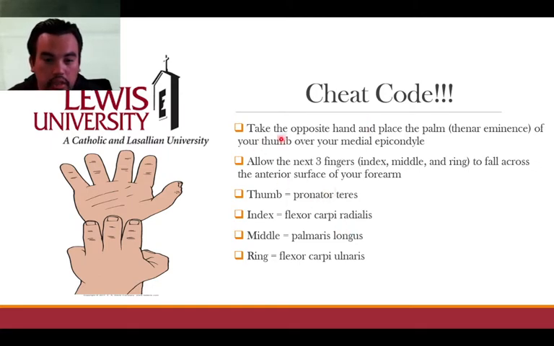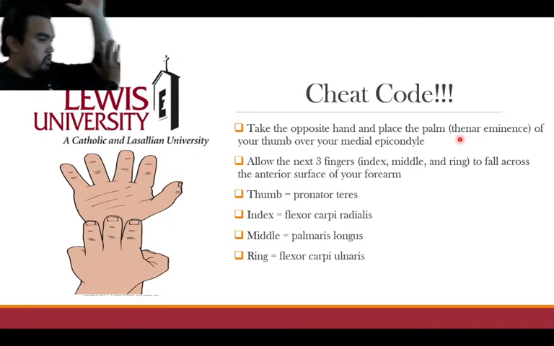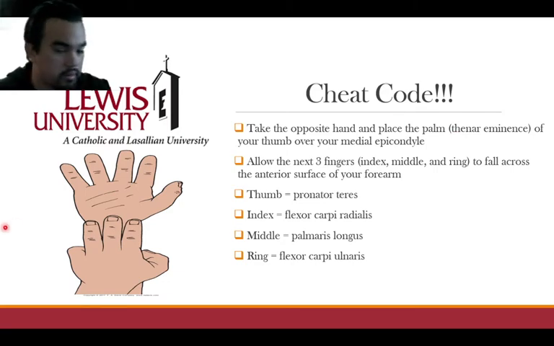Here's a little cheat code for you. You take the opposite hand of your palm, take the thenar eminence, so this fatty piece here, and you're going to go over your medial epicondyle. So like, yay. Let me transition here so you can see better.